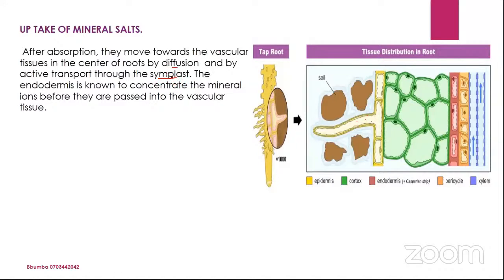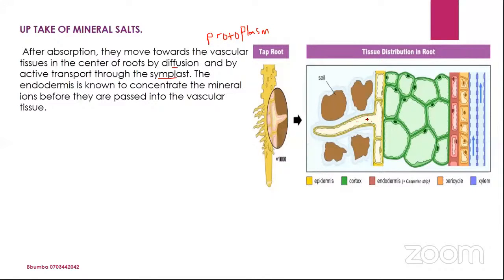Remember, I talked of the symplast pathway, which is the pathway going through the protoplast. For some of you who have forgotten the meaning of the word protoplast, these are the living contents within the cell.